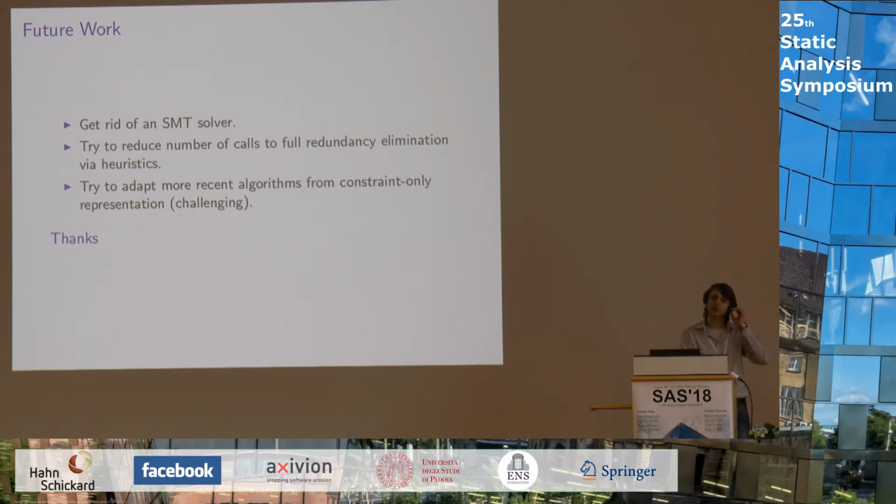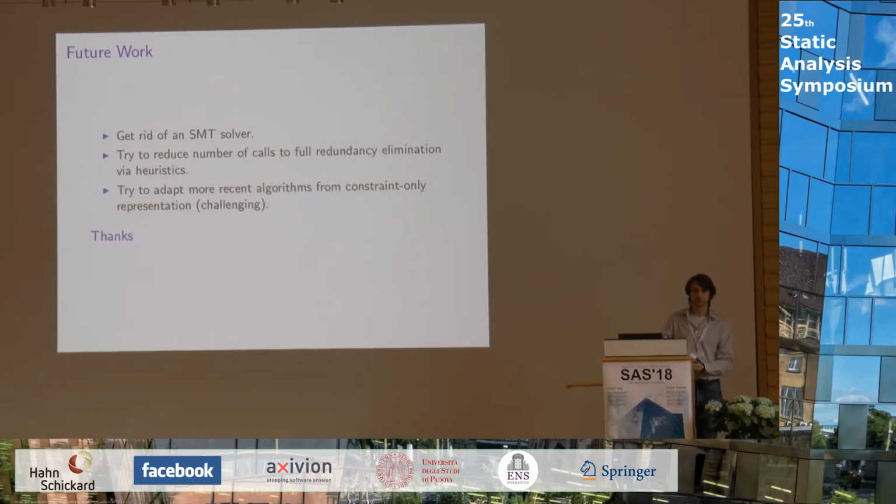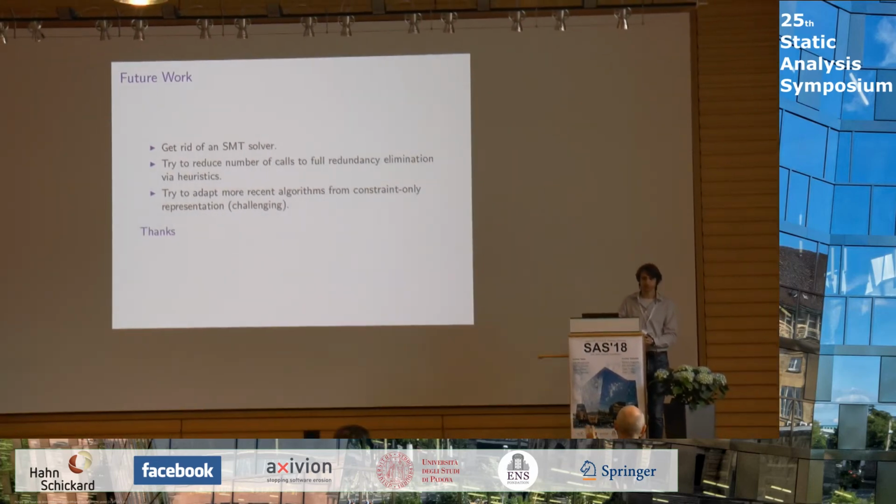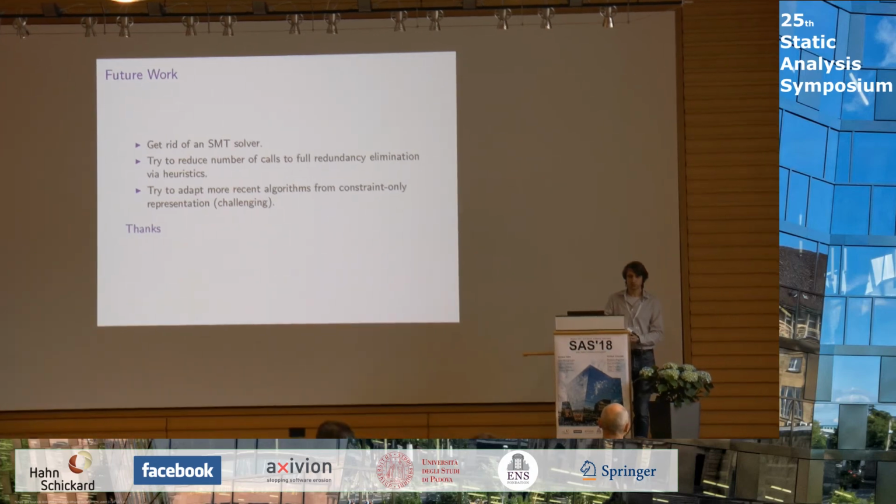So you can systematically build a new domain by adding implication, as you did for your domain. And so you get for free some way of obtaining transfer functions, and so maybe it's related to what you did.